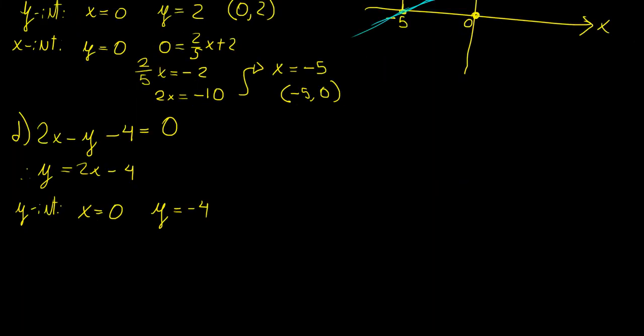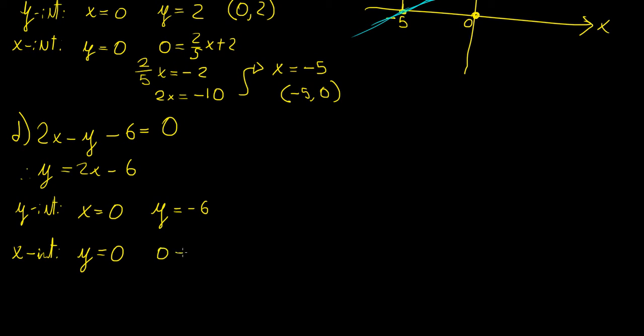So let me just quickly change this to something a little bit different. How about we make it 6? If we make that 6, then the y-intercept would be at minus 6. And then the x-intercept is going to be at the point where y equals 0. And then x is going to be, well, we need to rearrange the equation, right?